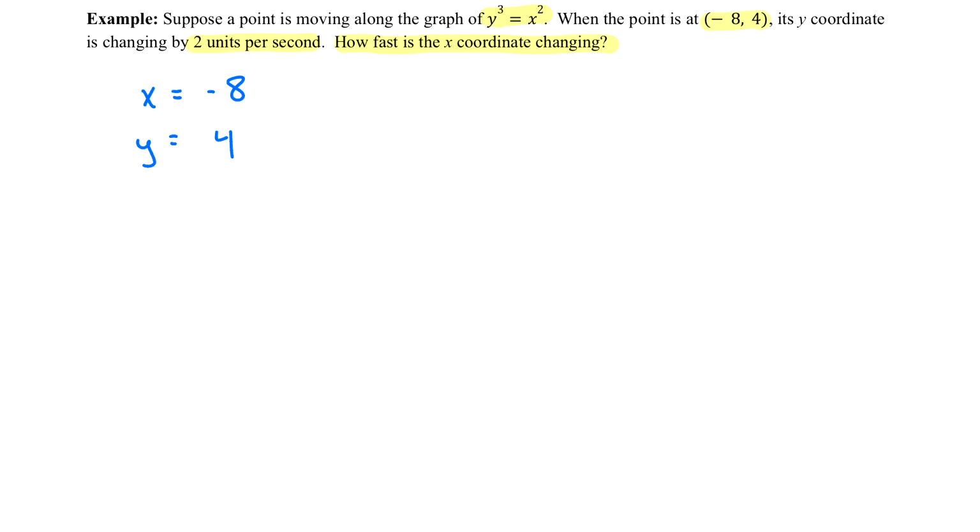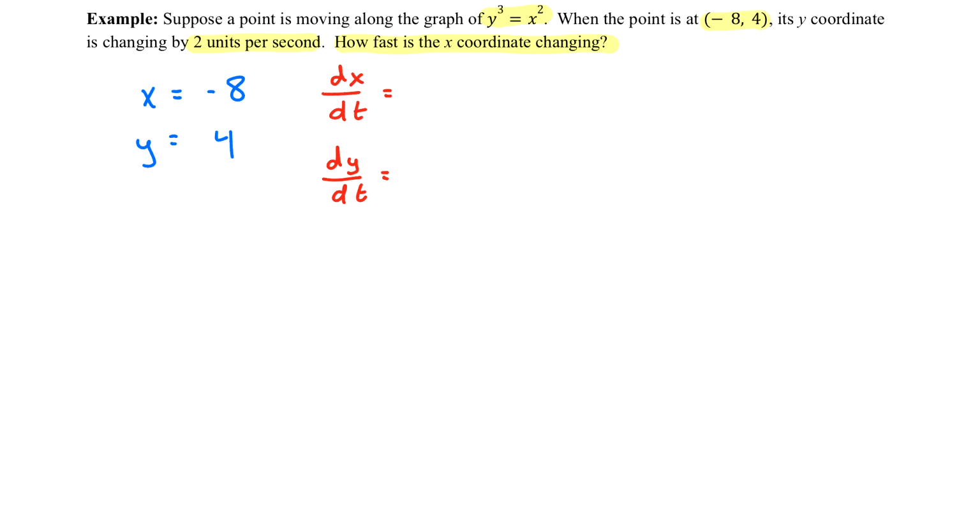My third step, we wanted to talk about the derivatives of each of these variables and express any rates that were given to us as derivatives. So I'm going to want to know what is dx over dt, or x prime, and what is dy over dt. What values are those? So I'm going to look for any rates of change that were given to me in this problem.